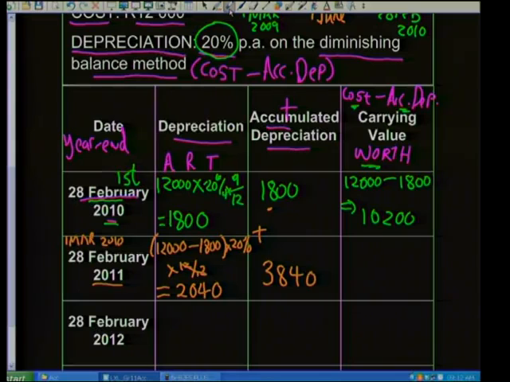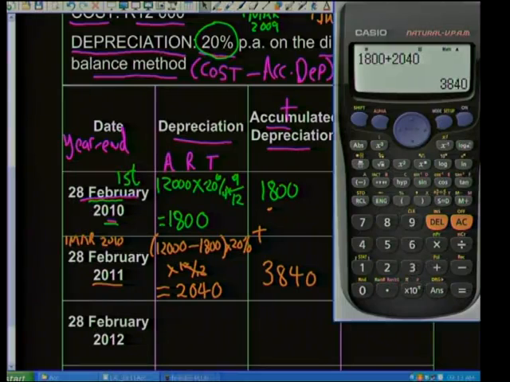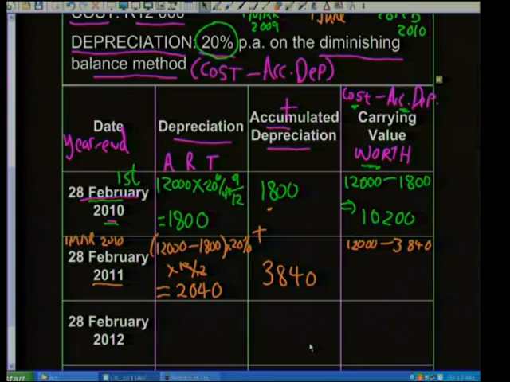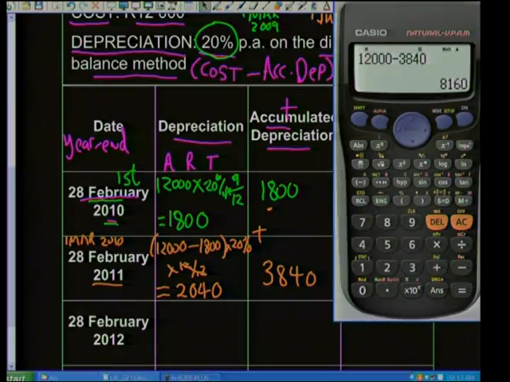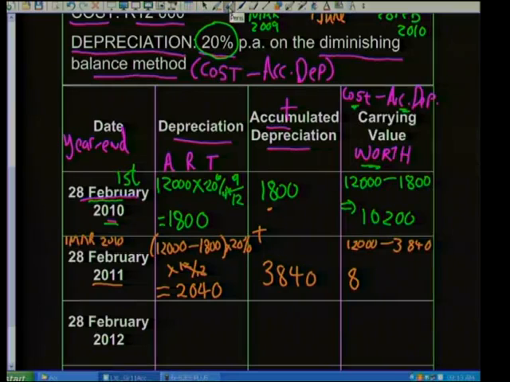So my carrying value now would be, again, cost, which is 12,000, minus accumulated depreciation, 3,840, and my carrying value is now 12,000 minus 3,840, so the carrying value is 8,160. Okay, so let's write that down. 8,160. Okay, so that's my new carrying value.